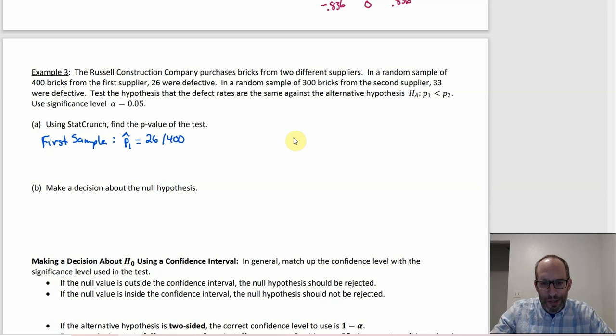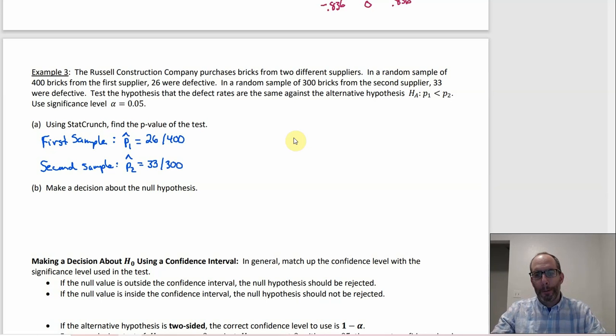Second supplier, it's 33 out of 300 that were defective. So p2 hat is 33 over 300. And then notice this time our alternative does not have a not equal to. Right? We're trying to see if the proportion of defective bricks is higher with the second supplier.